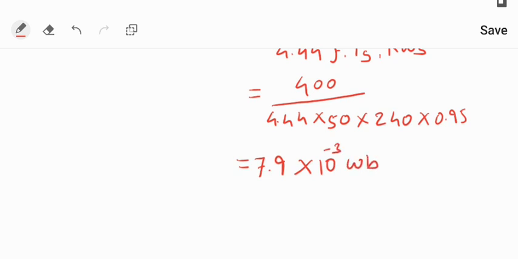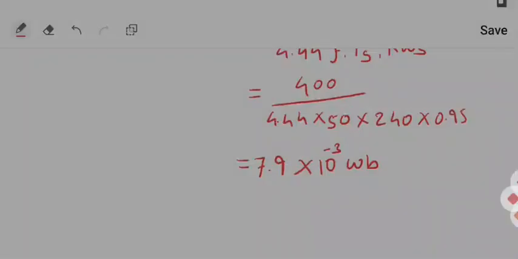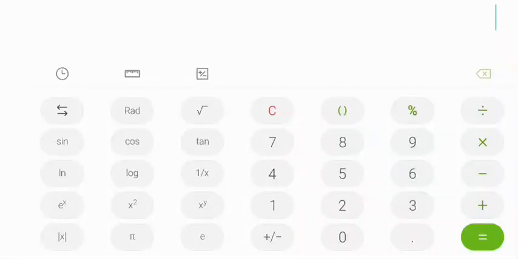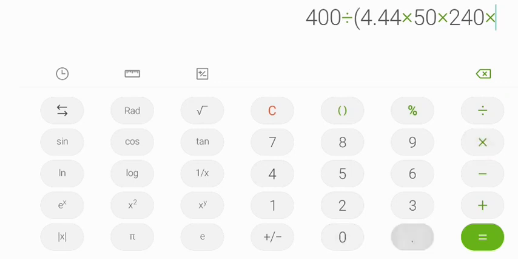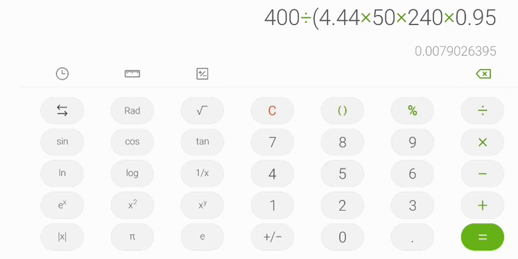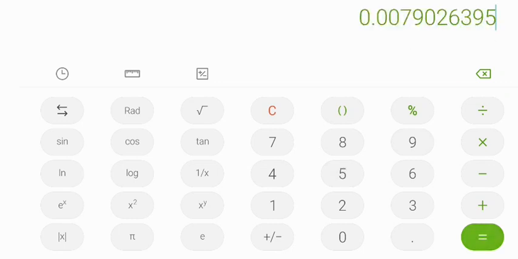If you want to make the calculation, you can simply do it on the calculator. I will show you how it is calculated. The value of EB, that is 400, divided by 4.44 into 50 into 240 into 0.95. The value we get is 0.00790.